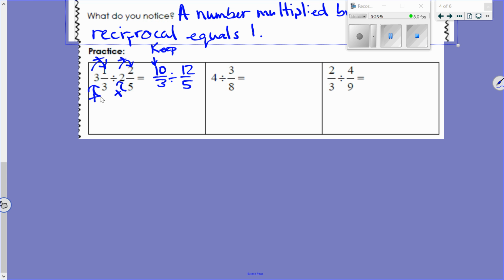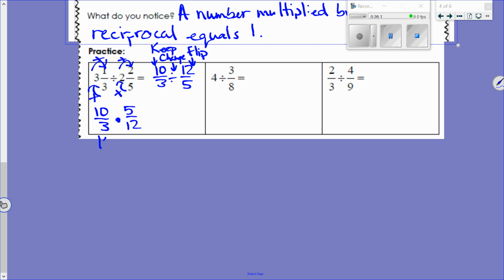So I'm going to rewrite the first number. Keep it: 10/3. And I'm going to change the sign from division to multiplication. And then finally I'm going to flip the last number. Instead of 12/5, it's going to be 5/12.